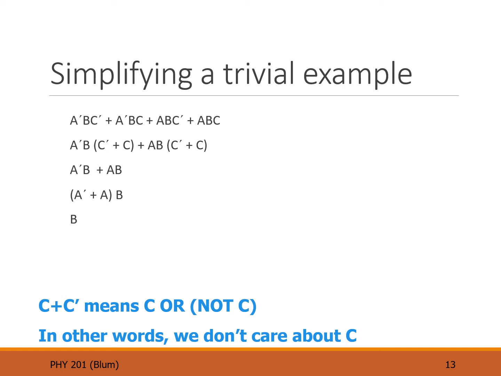It's effectively 1. And so I can strike it from the expression and move down to just A prime B plus A B. But once again, I have a common B and can factor out A prime plus A, and that means I don't care about A. So I don't care about C, I don't care about A, and the expression is just B.